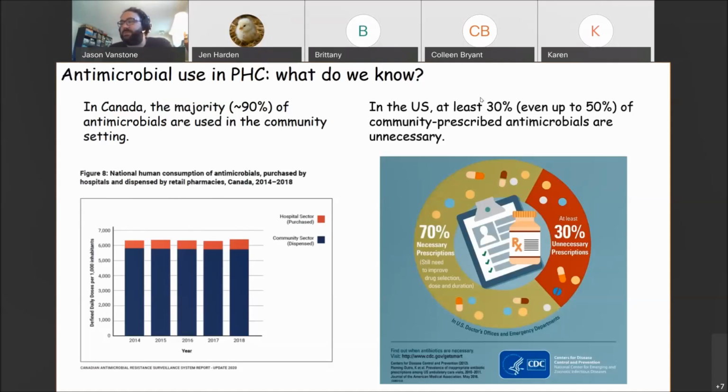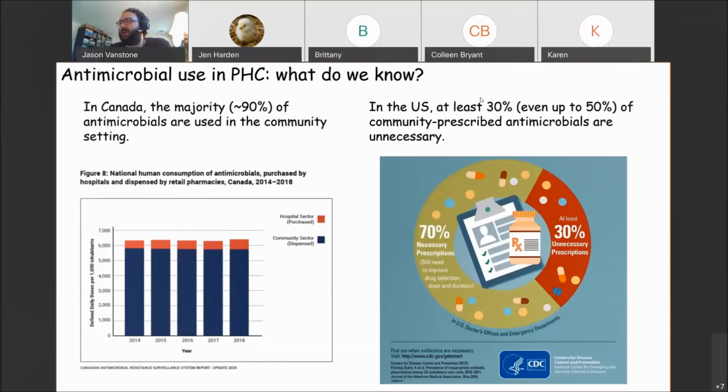This data comes from the CDC in the US, published in 2012. They looked at what prescriptions were being prescribed for in community clinics, outpatient clinics, emergency rooms, and so on.